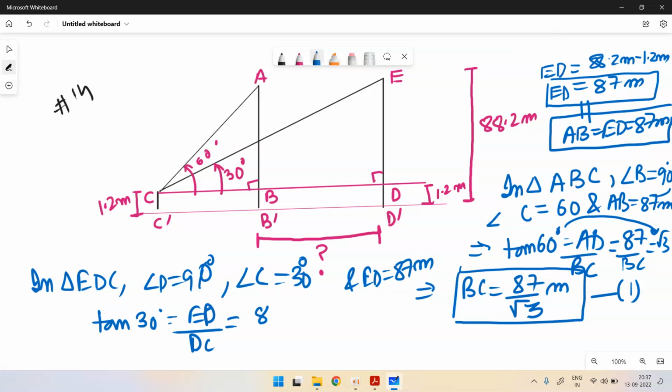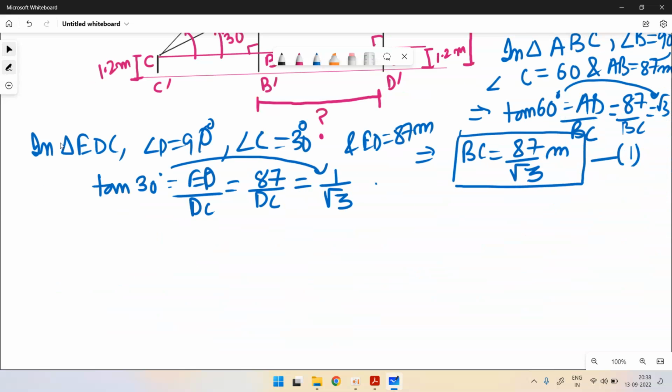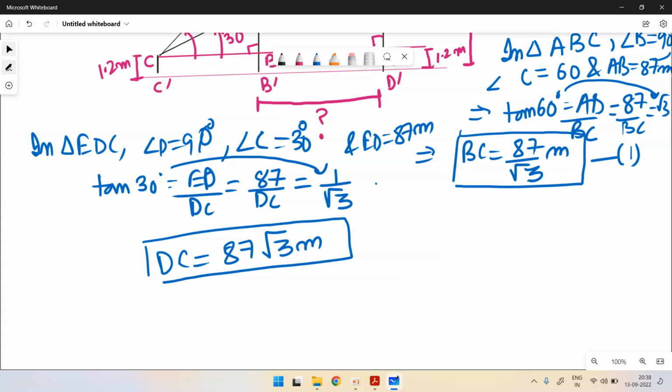ED is 87 upon DC, and this is equal to 1 by root 3, because tan of 30 degrees is 1 by root 3. So you can see that DC is nothing but 87 root 3 meters. But what we need to find is BD.